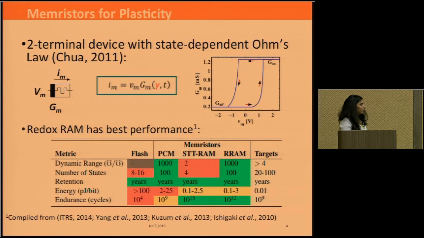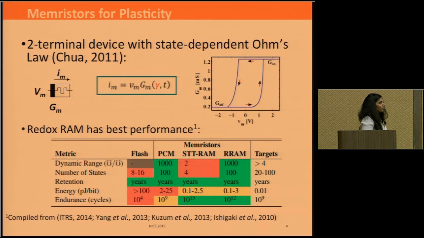There are a few metrics that we think are really important for neuromemristive systems. One is the dynamic range, the number of states, the retention, like how long you can retain your data, the energy, and the endurance. So I have the comparison of traditional flash technology versus some of the variations of memristors using phase change memory or STT-RAM or RRAM, and some of the target values we think are required for neuromemristive system design.